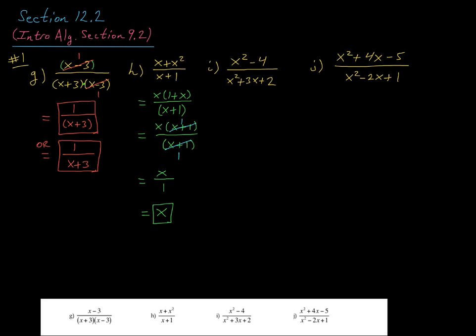Cool, all right, so then pressing on, let's look at I. Notice in the numerator, I have that difference of squares pattern. It's x squared minus 2 squared, so it'll factor as x minus 2 and x plus 2. In the denominator, I have a trinomial with no common factors across all three terms.